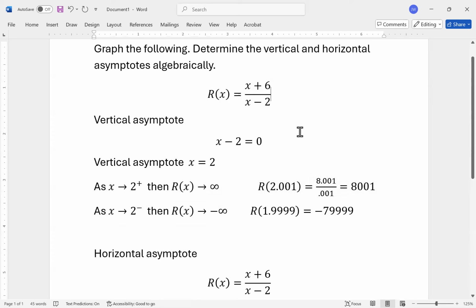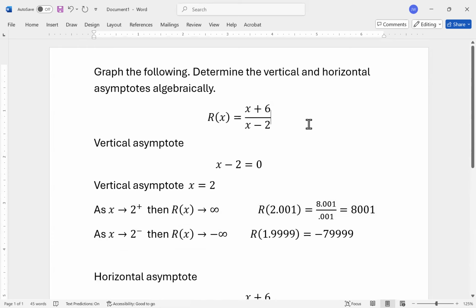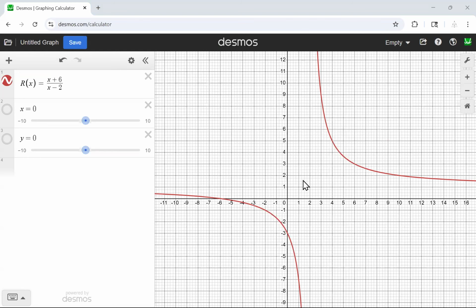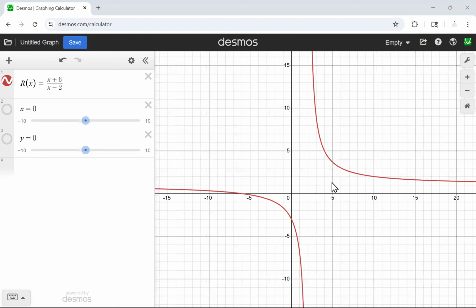Let's graph that and confirm that that's true. Now, I've graphed that with Desmos, but you could graph it with anything you want, including your TI-84. Notice as we scroll out, this rational function horizontally is not approaching 0, but approaching 1.